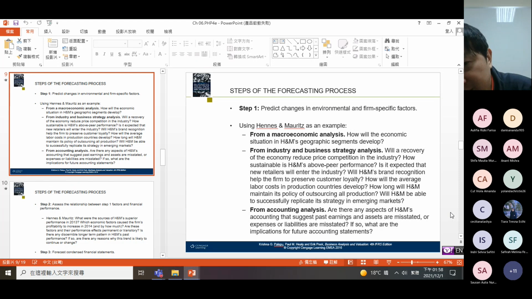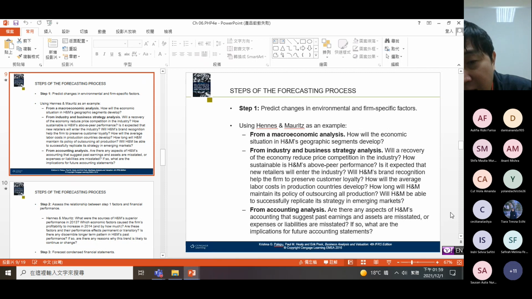From industry and business strategy analysis, will a recovery of the economy reduce price competition in the industry? How sustainable is H&M's performance above its peers? Is it expected that new retailers will enter the industry? Will H&M's brand recognition help the firm preserve customer loyalty?